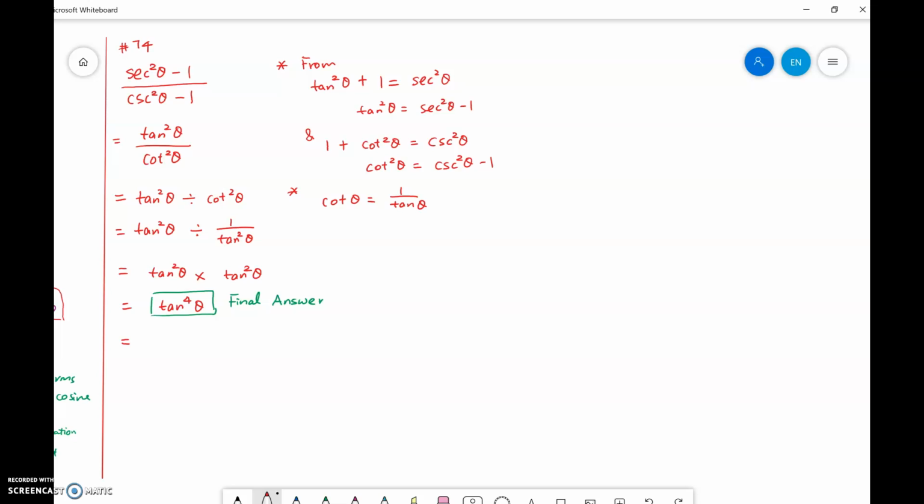Okay, but if we want to rewrite it in terms of sine and cosine, tangent to the 4th theta becomes sine to the 4th power of theta over cosine to the 4th power of theta. So this one is written in terms of sine and cosine.